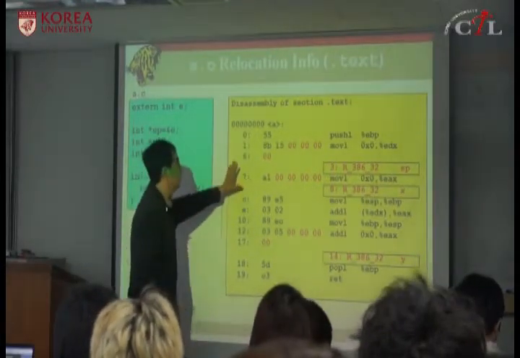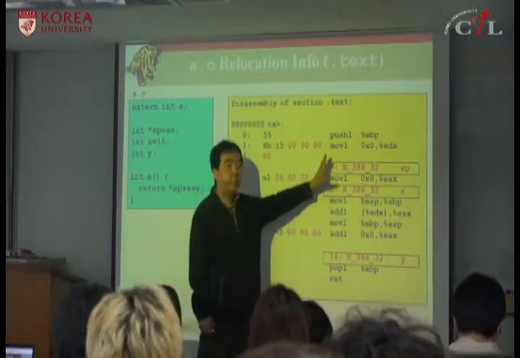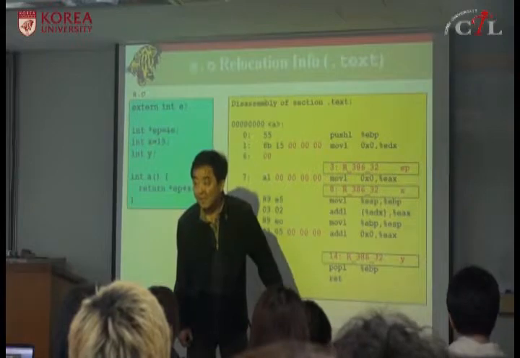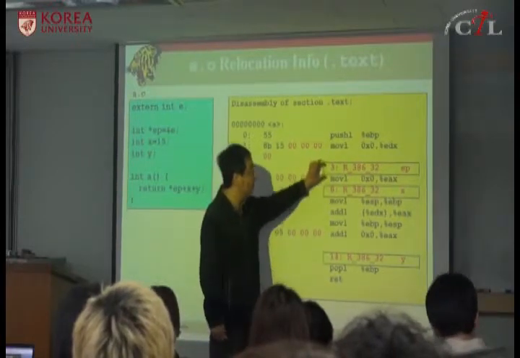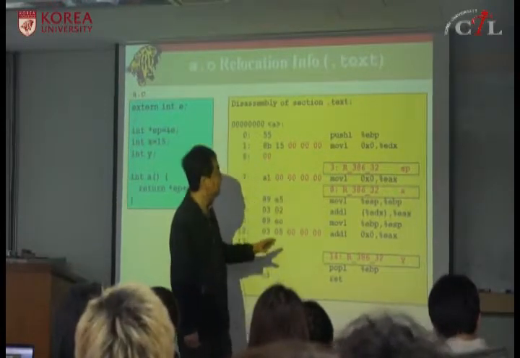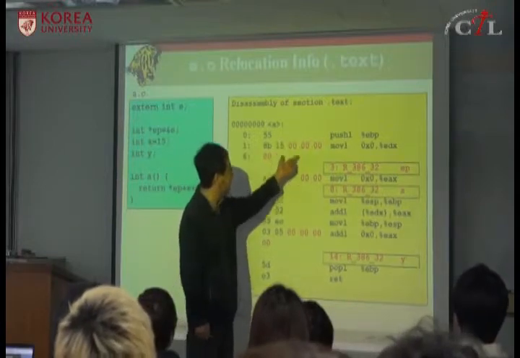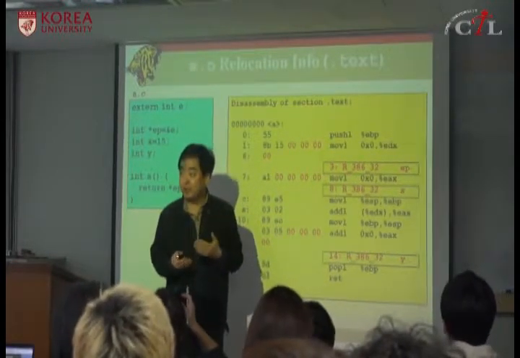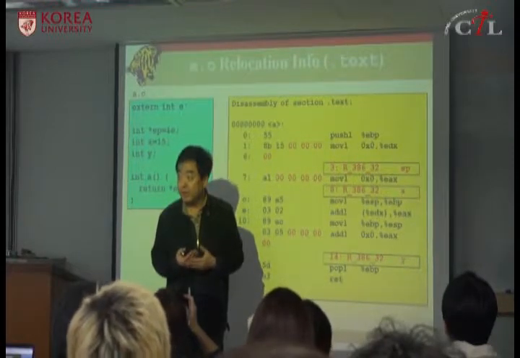You may be confused because you don't know the x86 instruction set. Okay? But what this relocation information says is just that these three addresses should be changed after the linking, after the relocation.